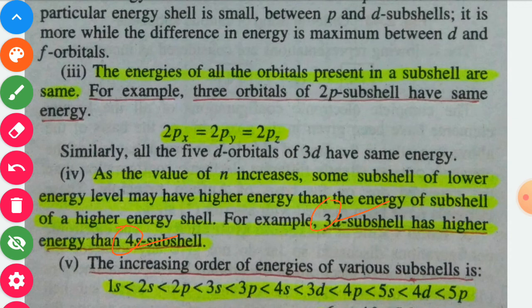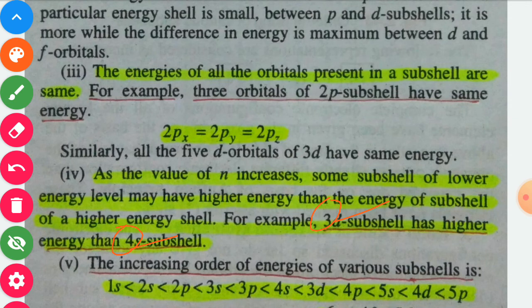But here we are also considering the subshell. With the third shell we are taking the d subshell, with the fourth shell we are taking the s subshell. So in this situation, the energy of 3d is more as compared to 4s.